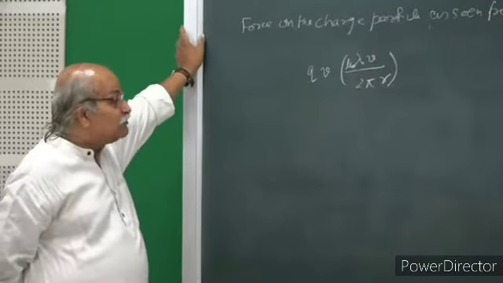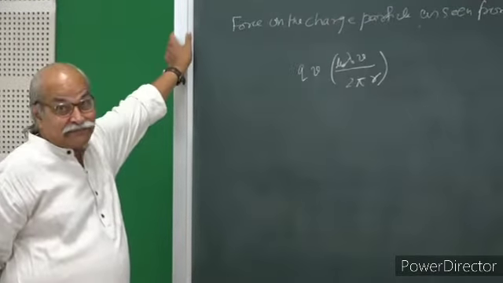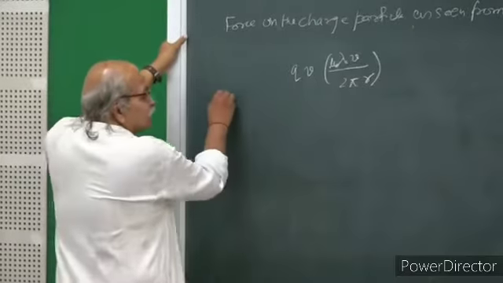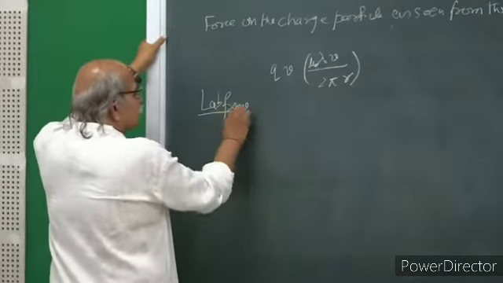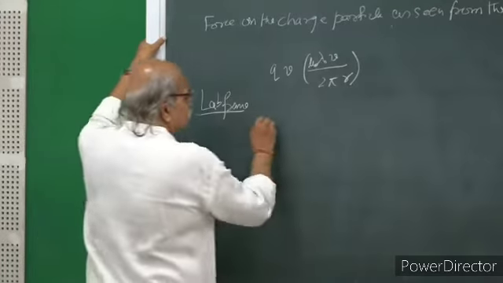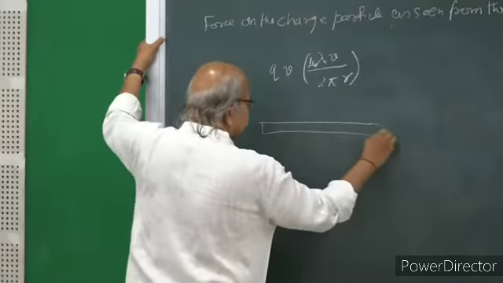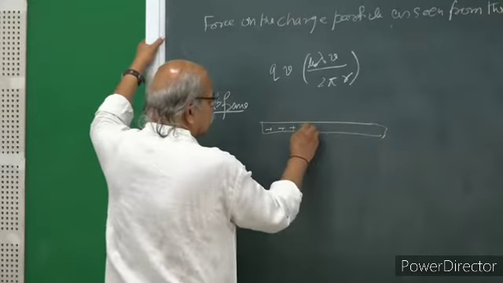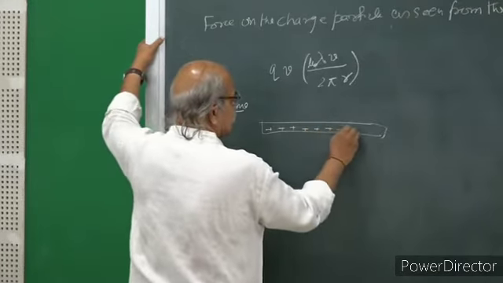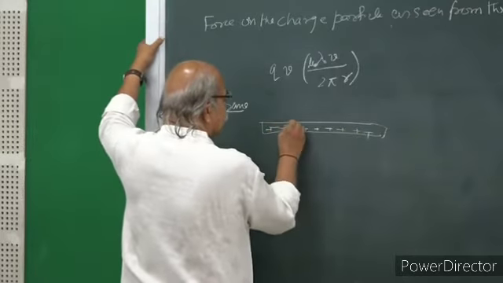This much force must be there in the lab frame, but in the lab frame there is no charge density, there is no electric field. In the lab frame, what is this picture? The picture was that the positive charges are at rest, the negative charges are moving.